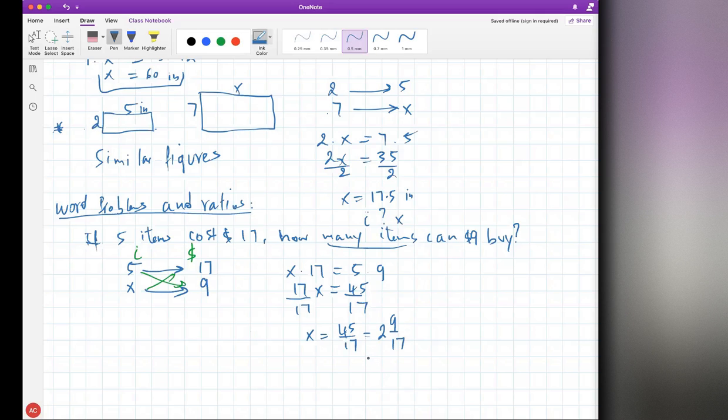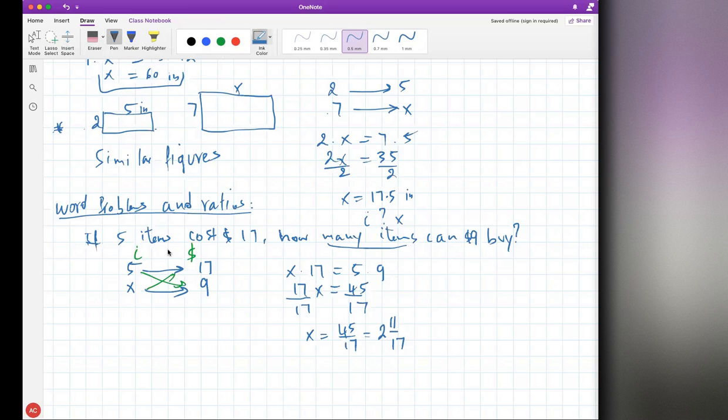Because, again, 17 goes into 45 twice, which is 34. So the remainder is not 9, it would be 11. So that's basically the number of items.